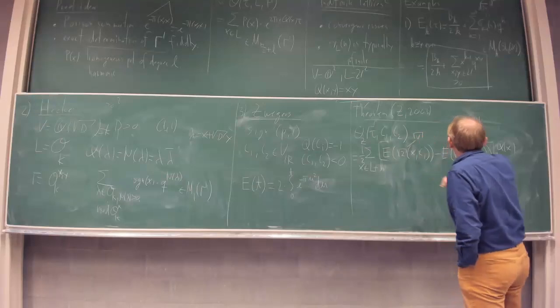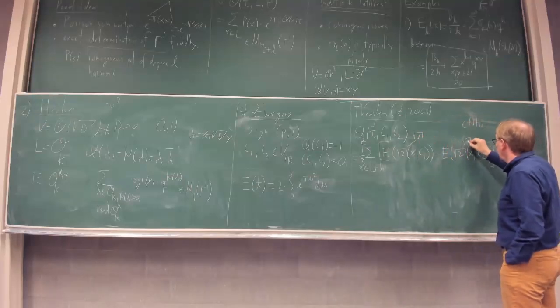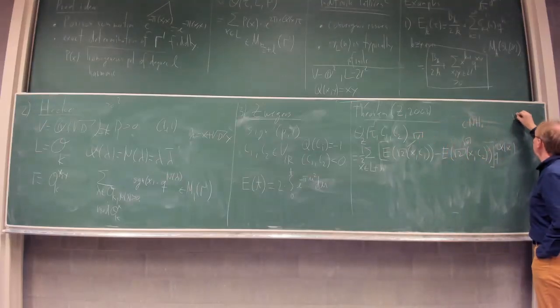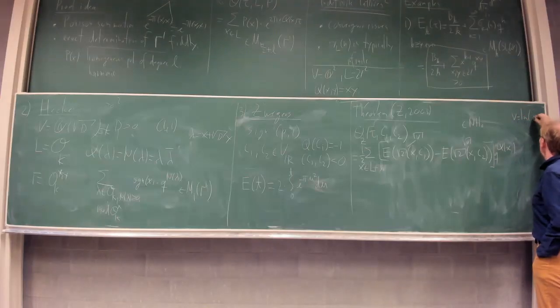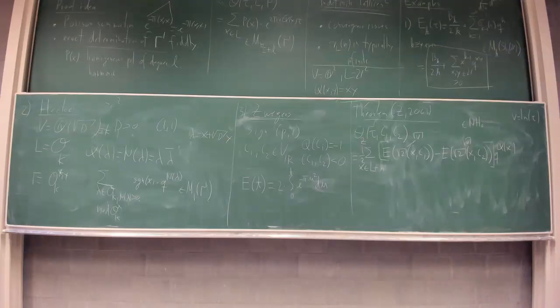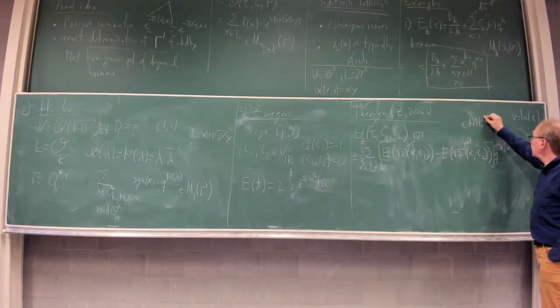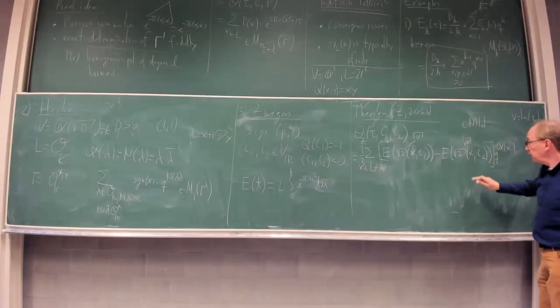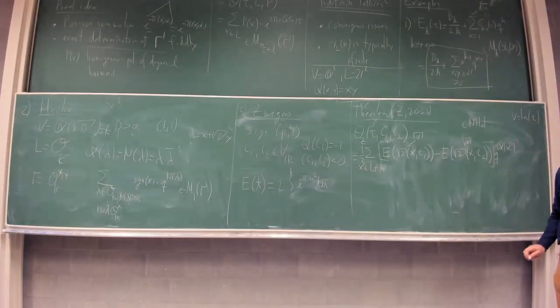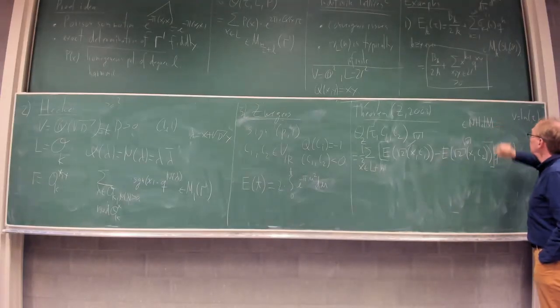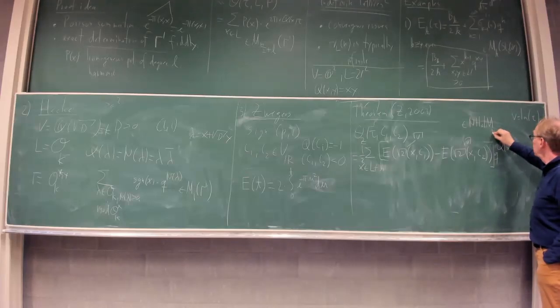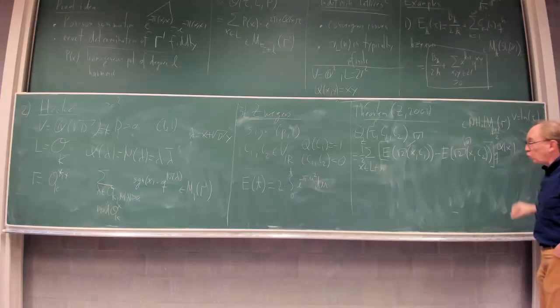Here is the square root of v in there, and here's the square root of v. And remember, v was the imaginary part of tau. This is a non-holomorphic modular form because v is there, of weight p plus 1 over 2 for some congruence subgroup gamma.